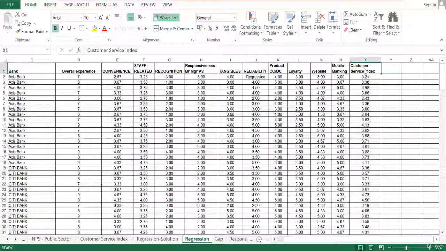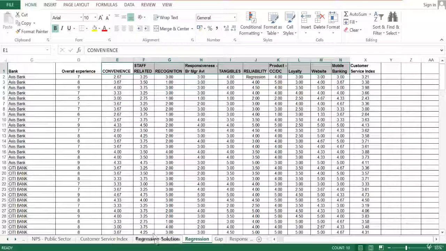So if a bank gets to know which among all these parameters is the most influencing, then, if I were a bank, I would obviously concentrate on the parameter which most influences my customer service. For that reason, we develop a regression model where we take the dependent variable y as the customer service index, and all the independent variables from E to N.